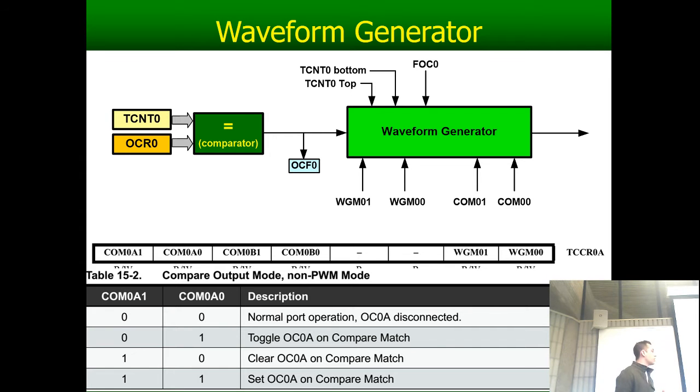When you are in a non-PWM mode, which both normal and CTC modes are, you can't see the bottom of the screen.